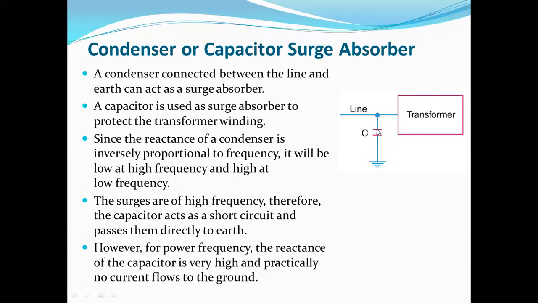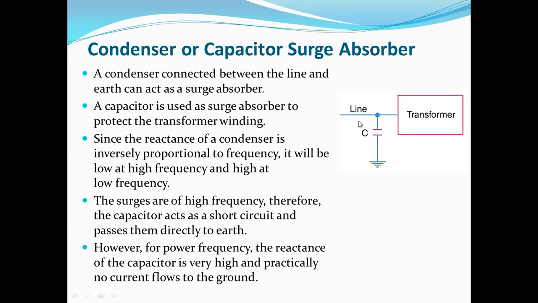For AC circuits, we use the inductive reactance and capacitive reactance, but these are nothing but resistances. So if that reactance gets decreased, of course your capacitor will act as a short circuit.